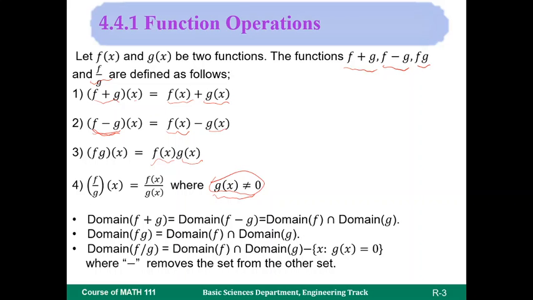Now, the domain of these functions, especially these three of them, the addition, subtraction, and the multiplication of the functions: the domain of the sum of the functions, the difference of the functions, and their product is equal to the domain of f intersection domain of g.